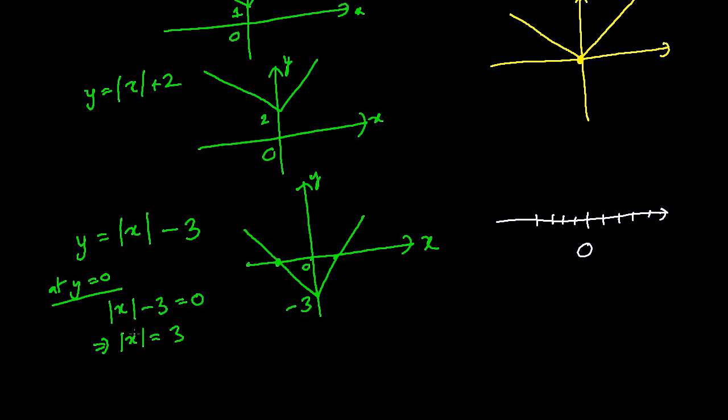So if the absolute value is 3, it means from the origin it can either be 3 units towards the right, meaning a positive number, or it can be 3 units towards the left, meaning a negative number. So when we solve this, we have to write, therefore either x equals 3 or x equals minus 3. So it cuts the x-axis at either minus 3 or 3.